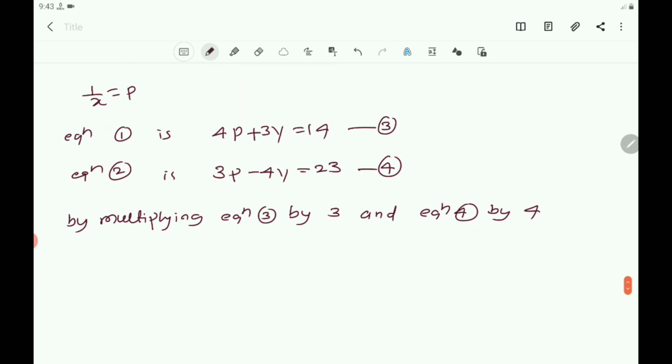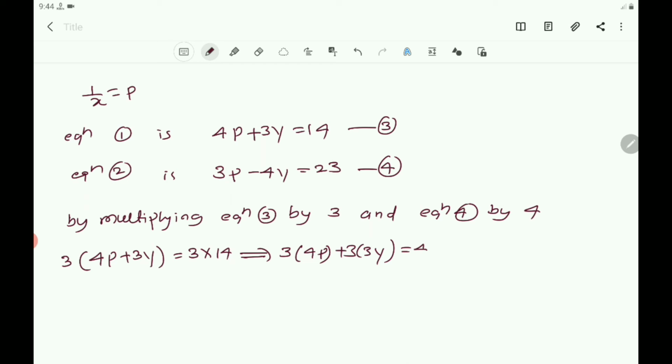That is 3 into 4p plus 3y is equal to 3 into 14. That implies 3 into 4p plus 3 into 3y is equal to 42, since 14 3s are 42. That implies 12p plus 9y is equal to 42.